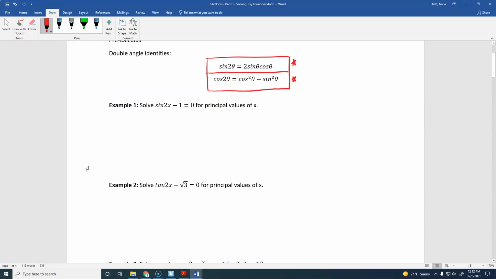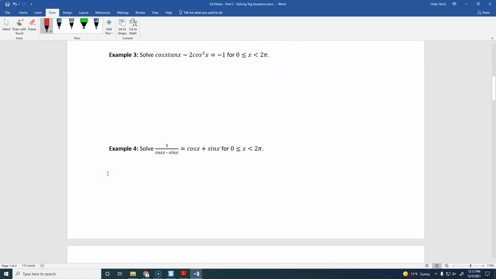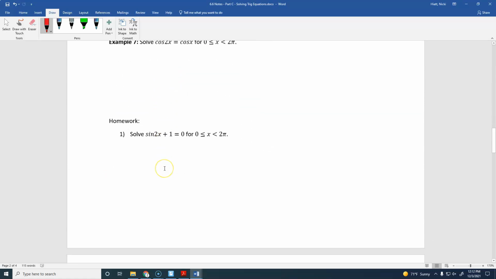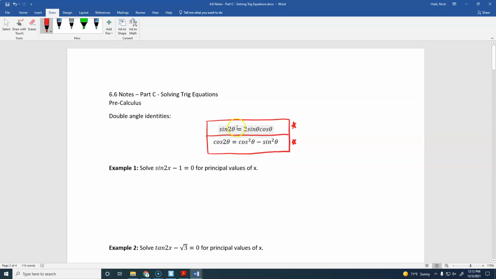The problems that we're looking at today, several of them, have a sine 2x or a cosine 2x. So we need to know how to deal with that. Sometimes it will be helpful to use these identities, and at other times it is not helpful.